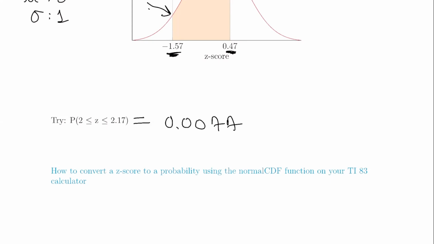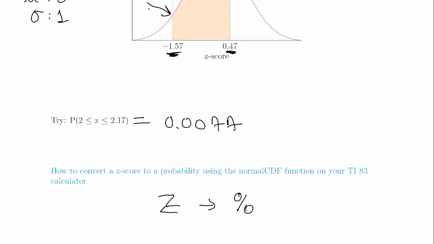Okay. So far what we've been doing, we've been getting a Z value and converting it into a percent. So that's what we've been doing lately. What we're actually going to do now is the reverse process.